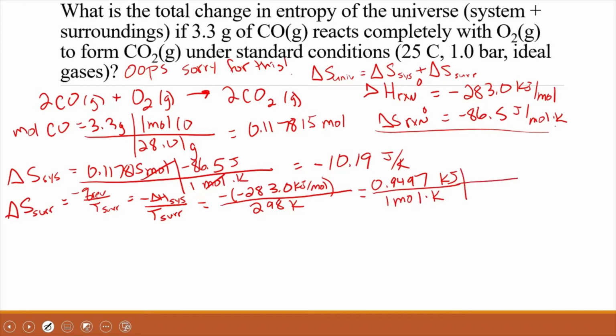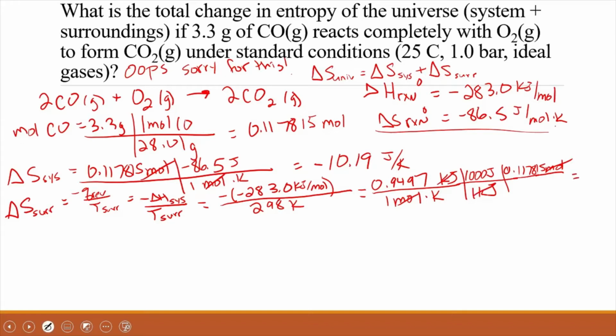And then we're going to multiply this times 1,000 joules per 1 kilojoule. And then we're also going to multiply it times our number of moles, 0.117815 moles. Moles cancel, kilojoules are gone, so that'll give us joules per Kelvin.